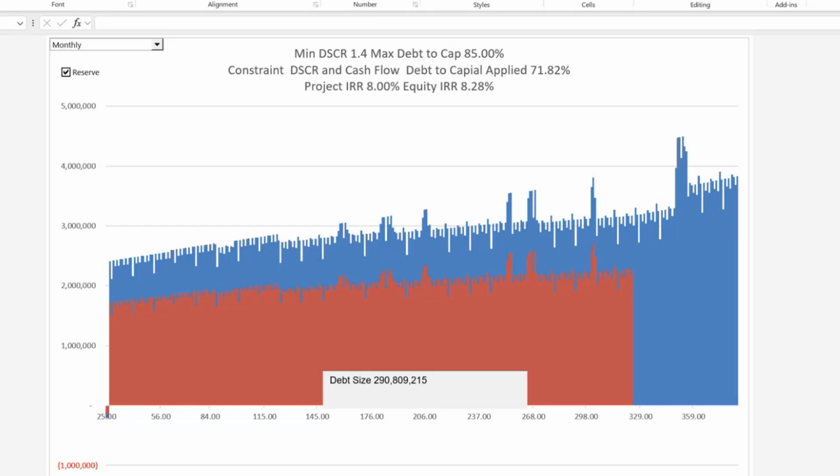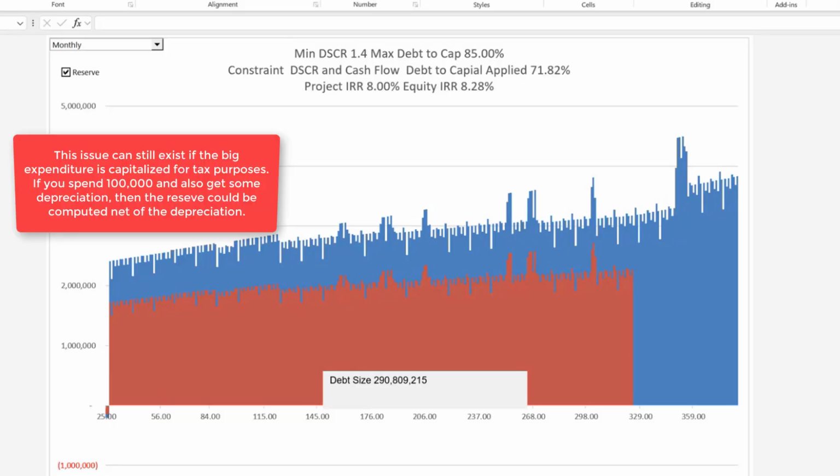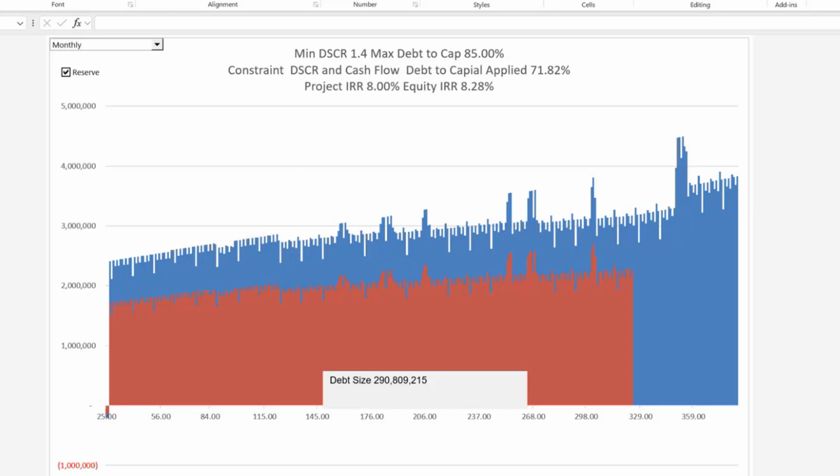So my point was, if this 100,000 causes a tax deduction, if that's an after-tax amount and you can take a one-time deduction for that, theoretically you could argue we should do this. We're almost penalizing it a little too much because we get a bigger tax deduction out of that amount.